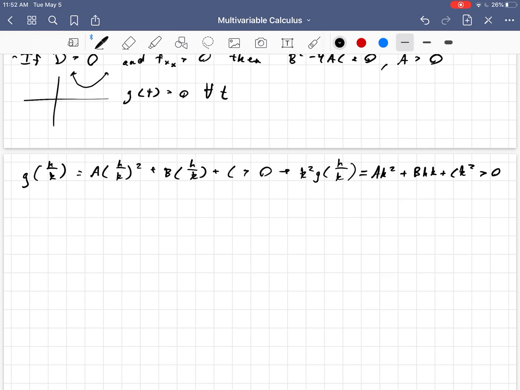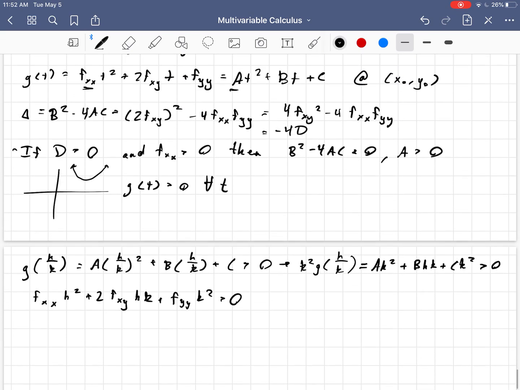And so what that means in terms of what a, b, and c actually are, we would get that f sub xx times h squared, because that is a, plus 2 f sub xy times hk plus f sub yy times k squared. And then that's still going to be greater than 0.